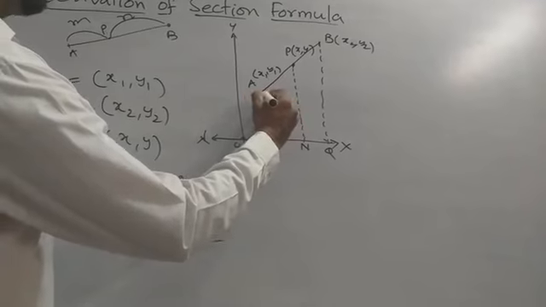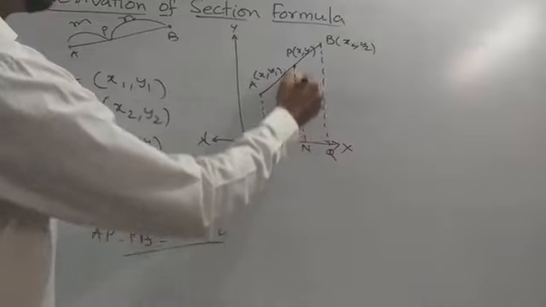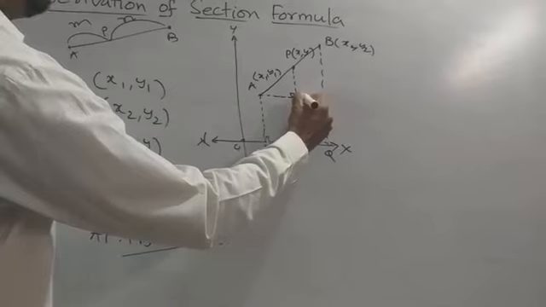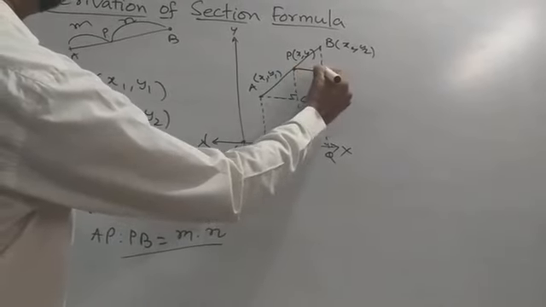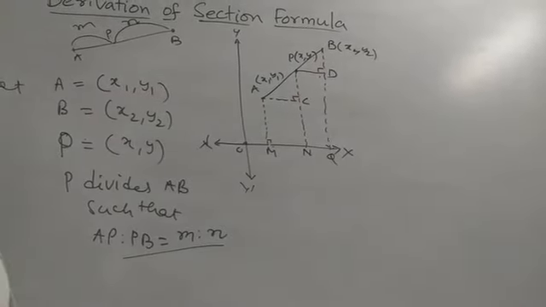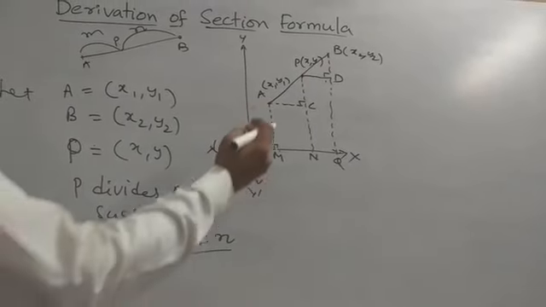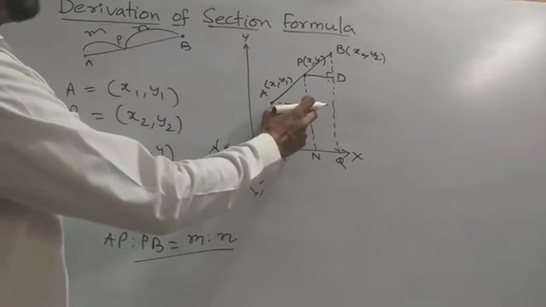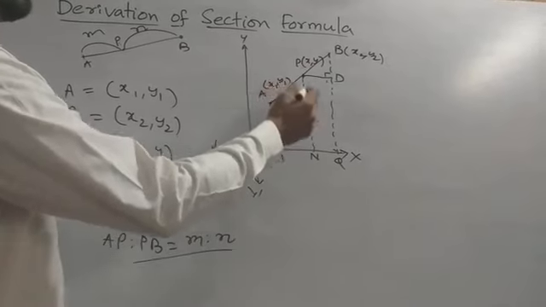Similarly, draw perpendiculars from A and P to lines PN and BQ. So say AC is perpendicular to PN and PD is perpendicular to BQ. Now, in the distance formula we have already studied, this is the horizontal distance AC, which is the difference of the x coordinates.